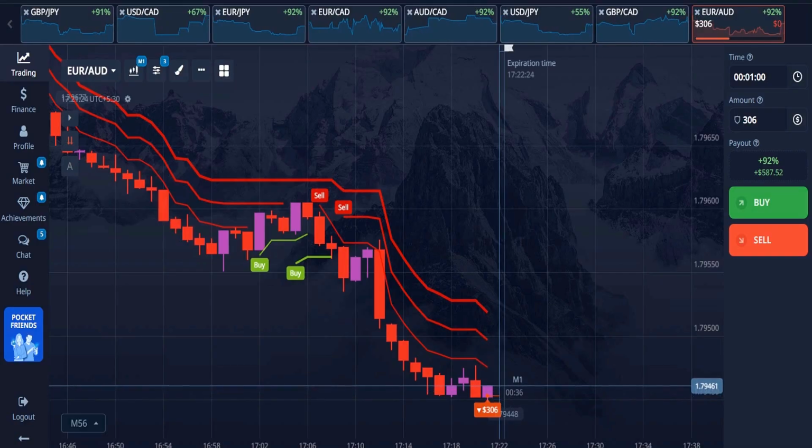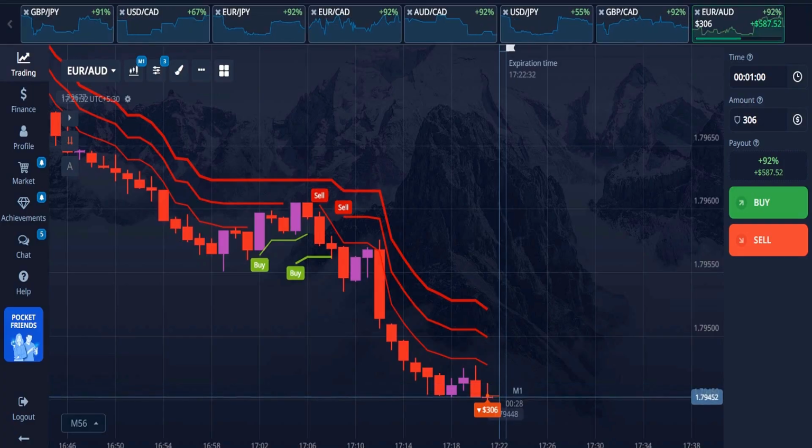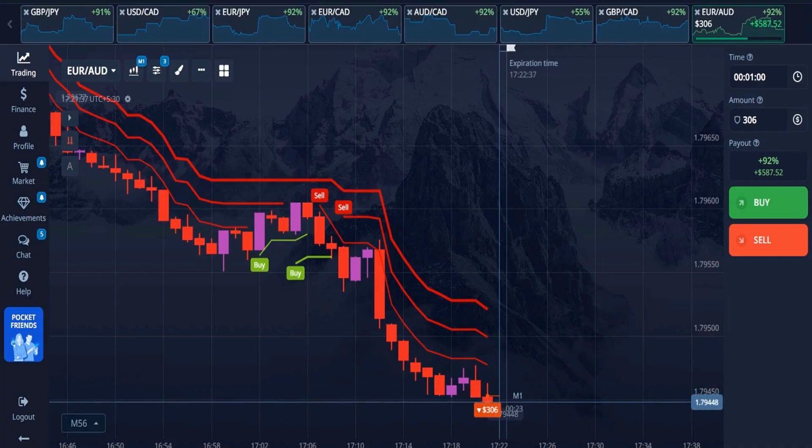Right after that, a red candle appeared again, confirming that the market is ready to continue its downward move. And most importantly, all three Supertrend lines were clearly positioned above the candle. This gave us full confirmation that the market is in a strong downtrend, so I confidently entered a 1-minute sell trade on the very next candle, just like our strategy rules say.